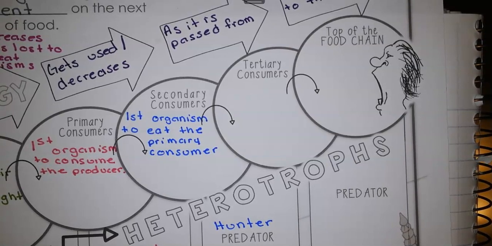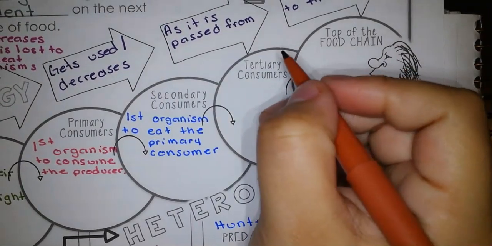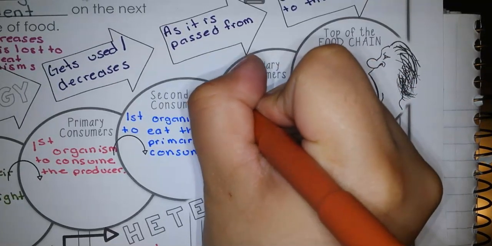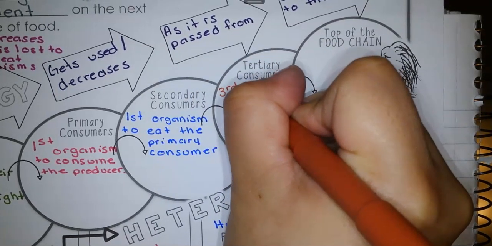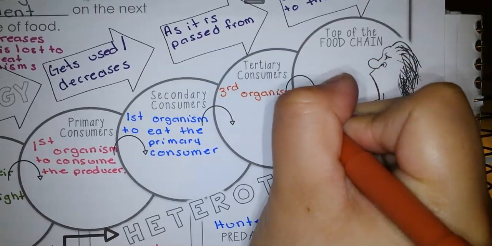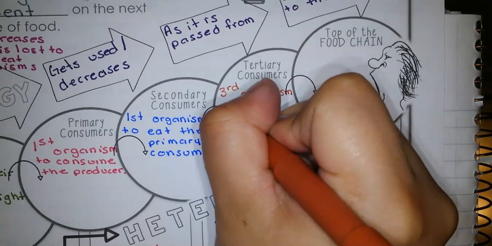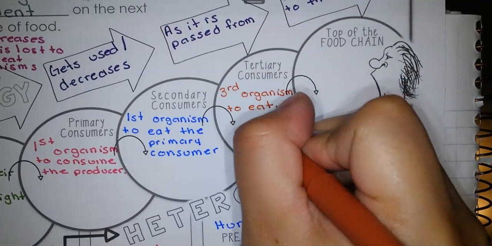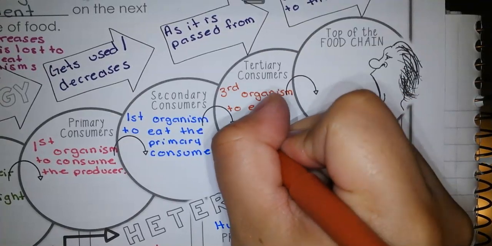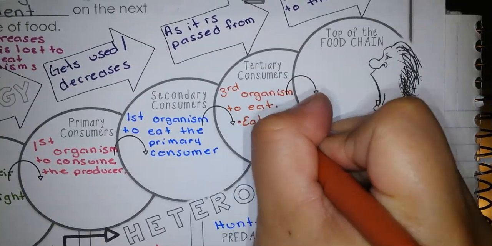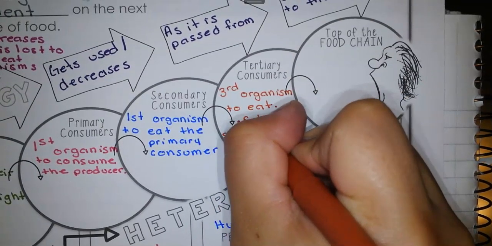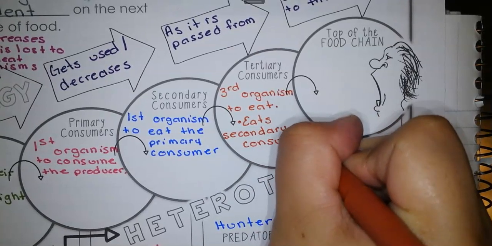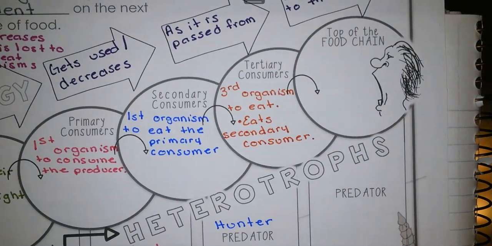A tertiary consumer is the third organism to eat, and it is going to be eating the secondary consumer.